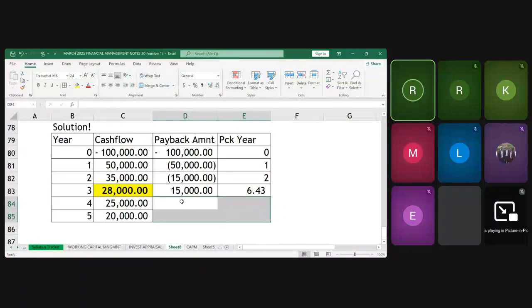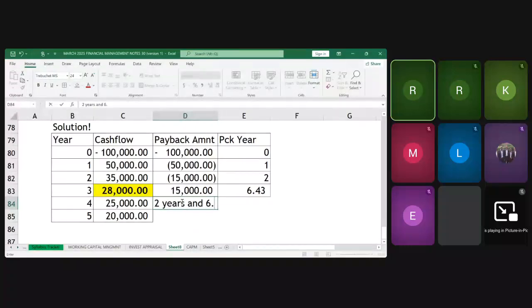So my payback is 2 years and 6.4 months. My money is going to come back in 2 years and 6.4 months. This is how we calculate the basic payback period.